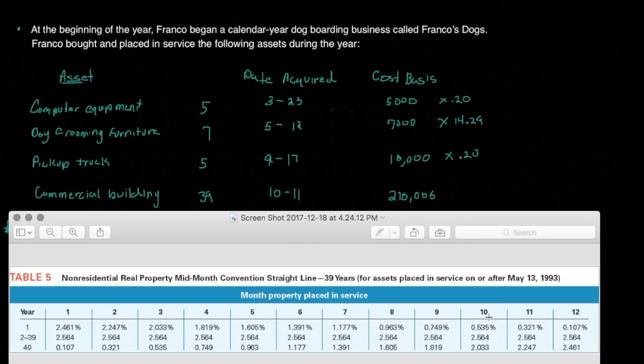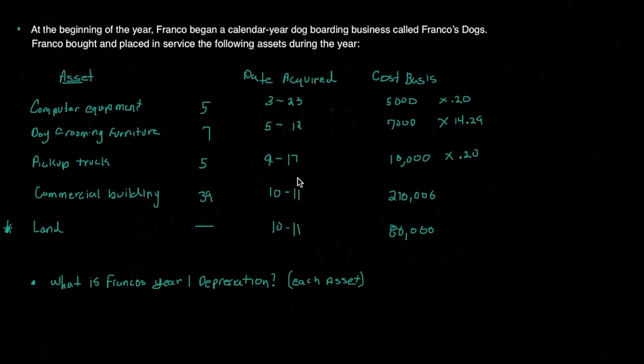So month 10, year one, we go down and find 0.535. And we will just multiply that like we did on the other ones. And then land, like I said, don't worry about that.